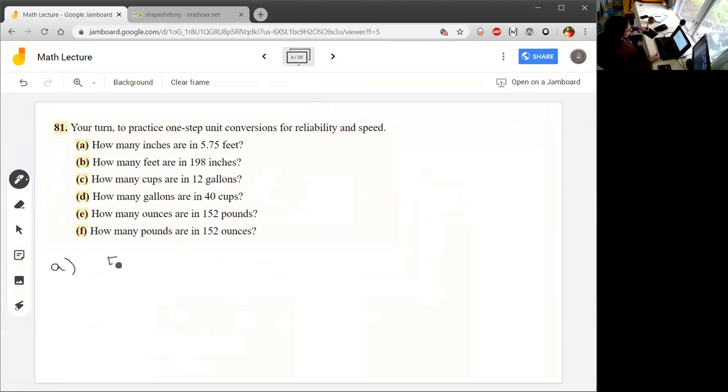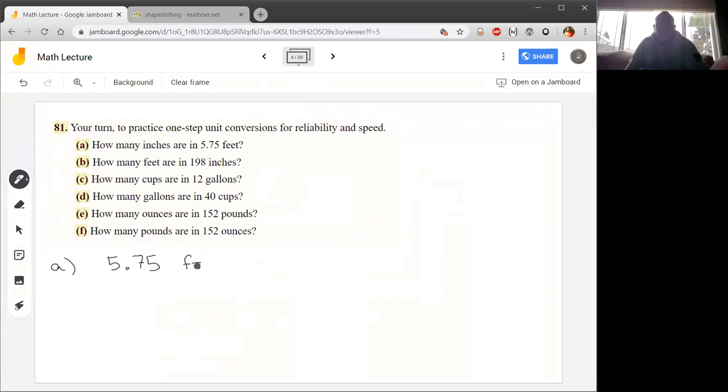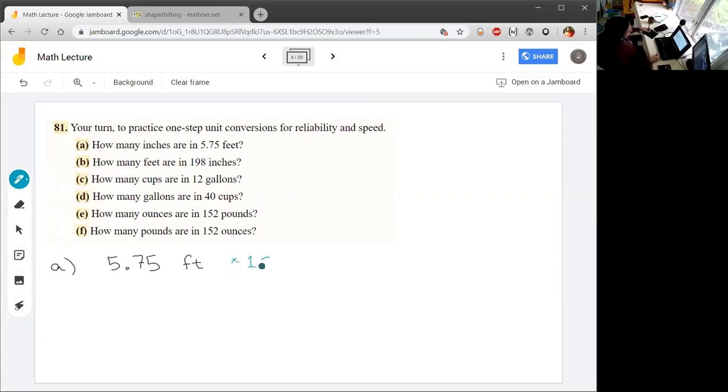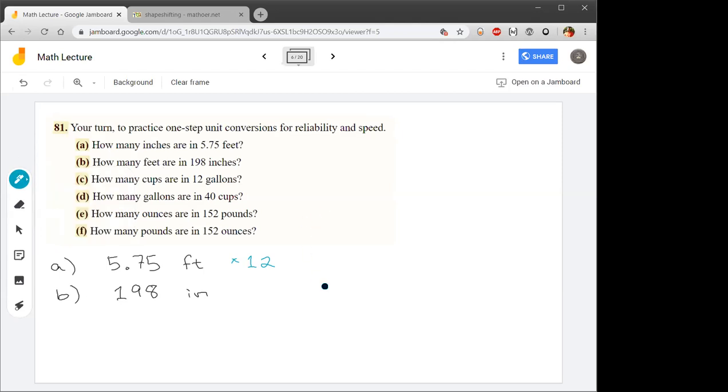What am I going to do with this 5.75? Multiply by 12. Multiply by 12, okay. For the second one, if I have 198 inches, I want to go into feet. What am I going to do? Someone else call out. Divide by 12.